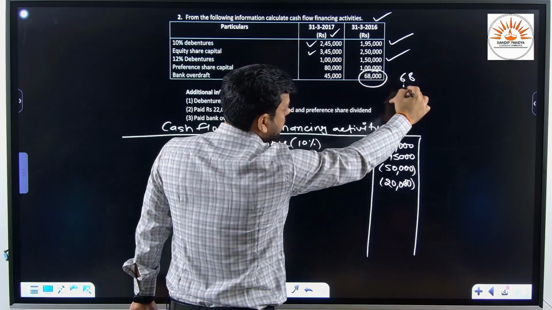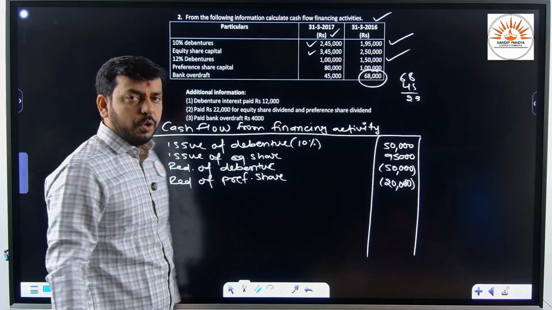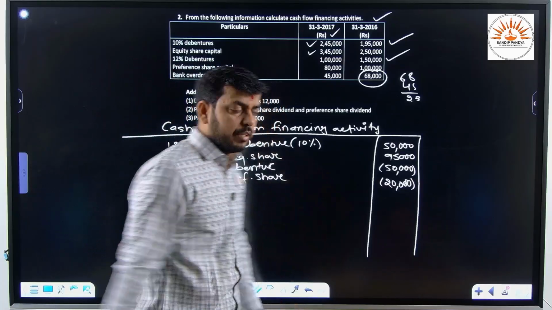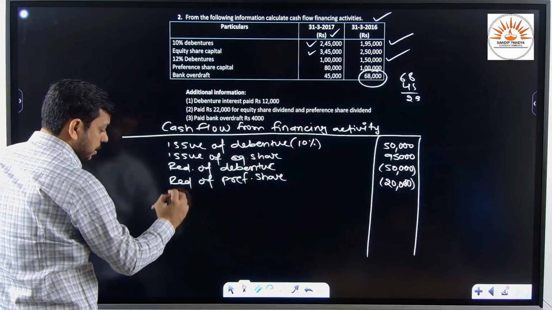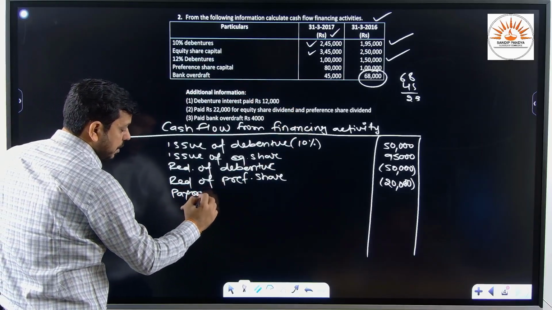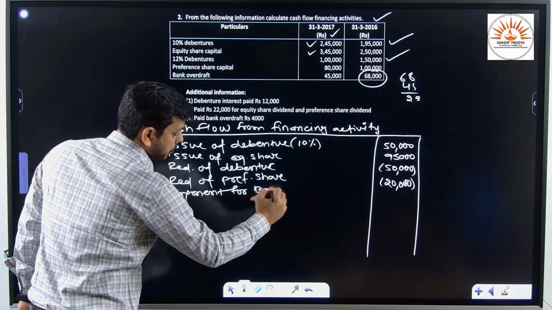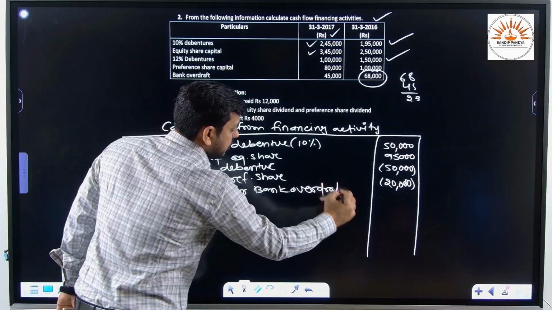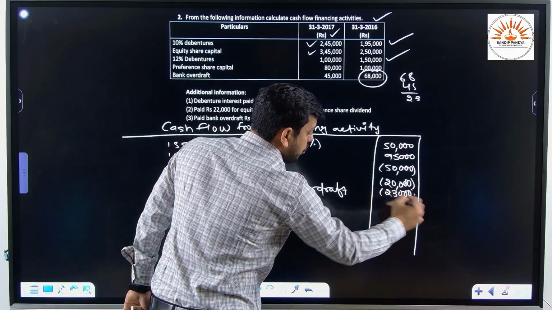So 68,000 minus 45,000 is 23,000. During the year we have made the payment for bank overdraft. So we shall write payment for bank overdraft, that is a negative flow where cash goes out.